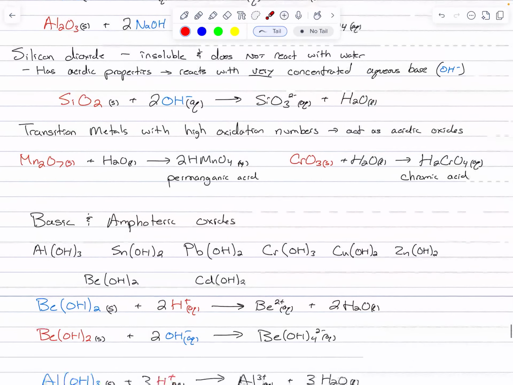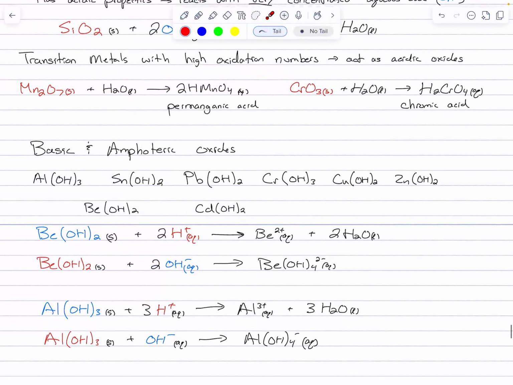And then we have some amphoteric oxides. What does this mean? Aluminum and tin and lead, some of these, are a base because they have hydroxide with them. No, I have oxides written down. These are hydroxides. Let's change that. All of these have hydroxide in them, as you can see.